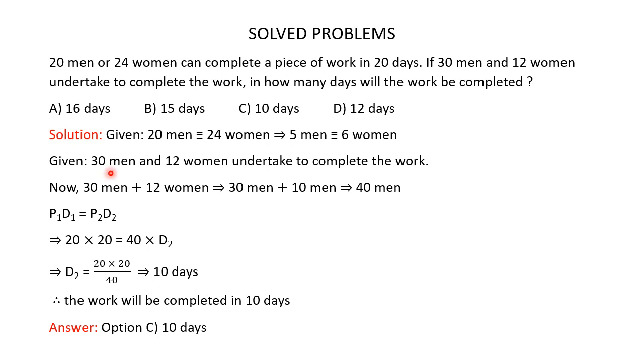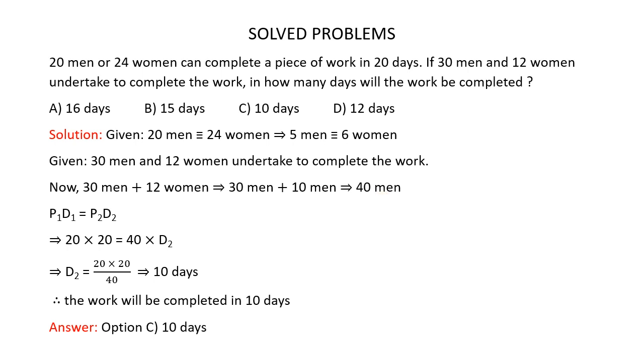Now it's given that 30 men and 12 women undertake to complete the work. Now we know that 6 women are equivalent to 5 men. So 12 women will be equivalent to 10 men. So 30 men plus 12 women means 30 men plus 10 men, which is nothing but 40 men.